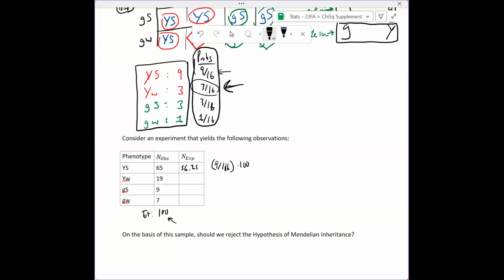The next one, 3/16 times 100 is 18.75. The same, of course, for the next one that has the same probability as the second one. And then 6.25 for the last, 1/16 times 100.